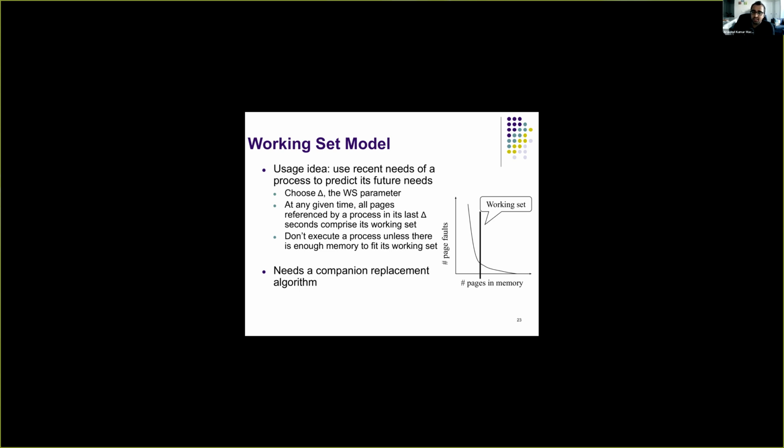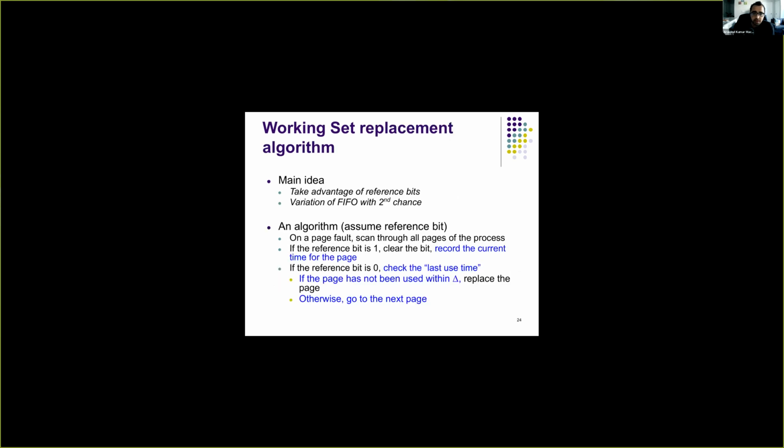Okay. So once we identify the working set, let's see how we can modify our page replacement algorithms to take the working set into consideration. Let's see how we can modify FIFO. With FIFO with second chance, everything is the same except when we have the reference bit 1.